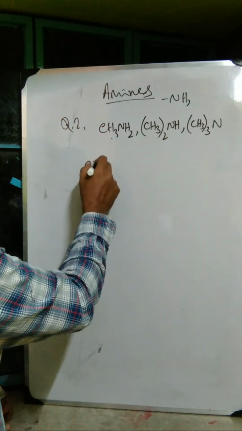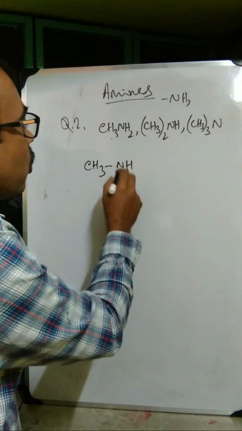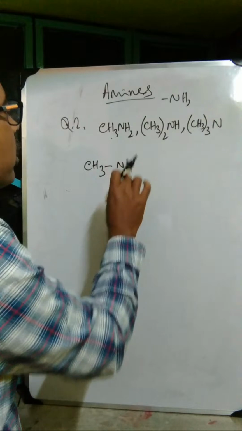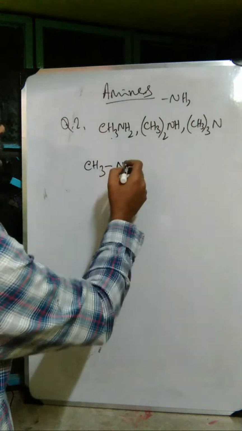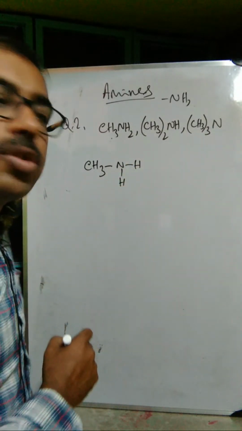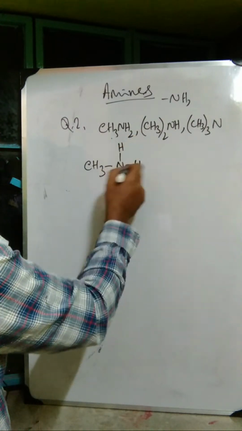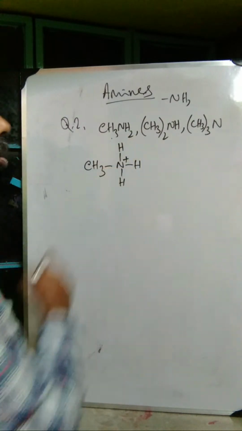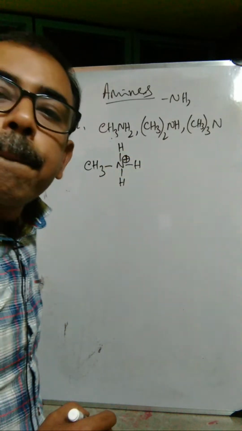So CH3NH2 will abstract a proton from H2O molecules to form CH3NH3 plus ion. Here two hydrogen atoms are already present in CH3NH2. Now when another H plus comes from H2O, this cation is formed, where nitrogen is carrying a positive charge.